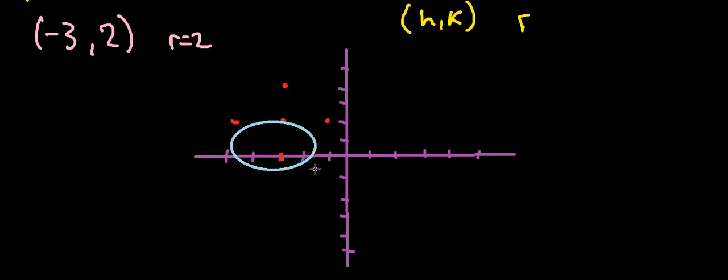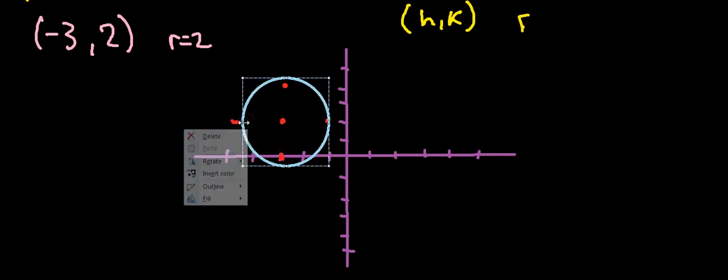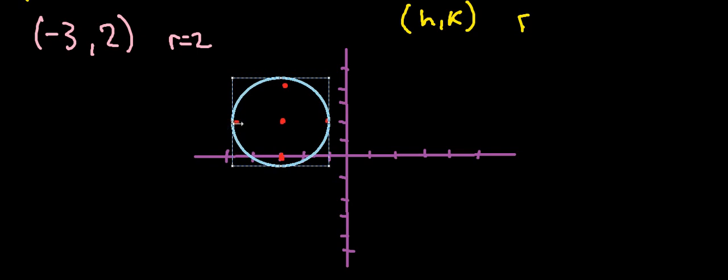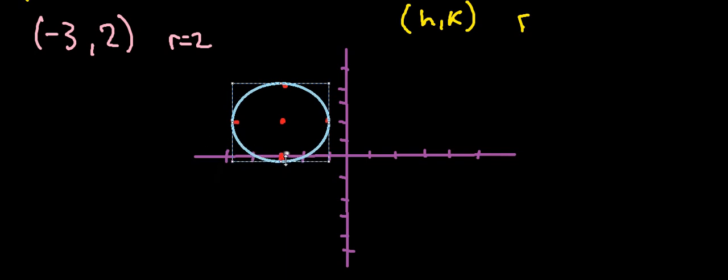I don't really know how to use this circle tool, but there we go. You can see that my graph is not completely proportional, but you would get a circle that looks like this. So we have a radius of 2, and my center is (minus 3, 2).